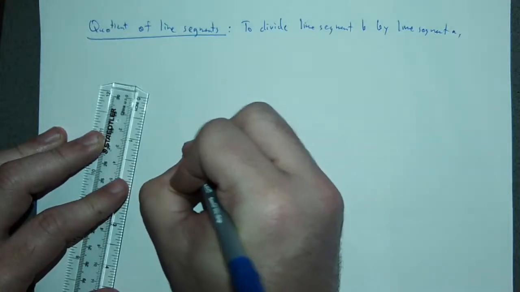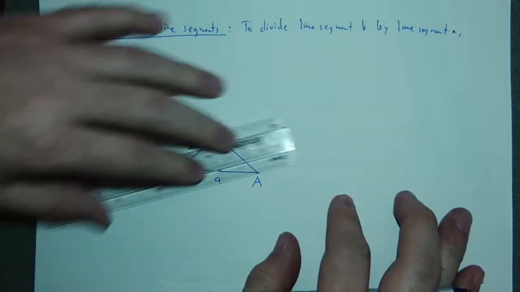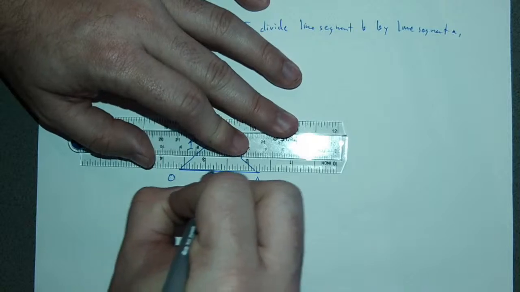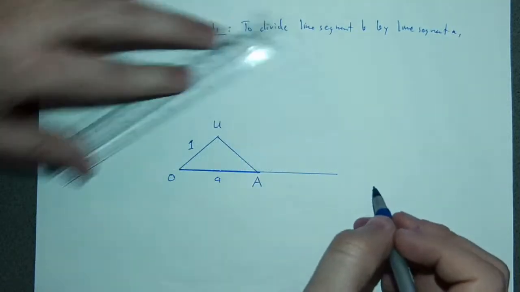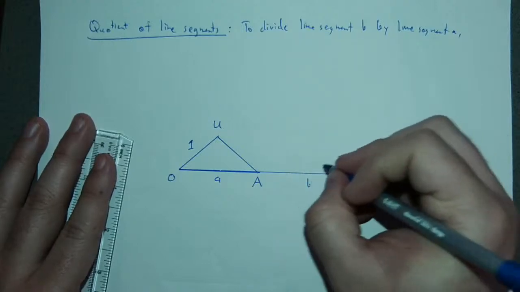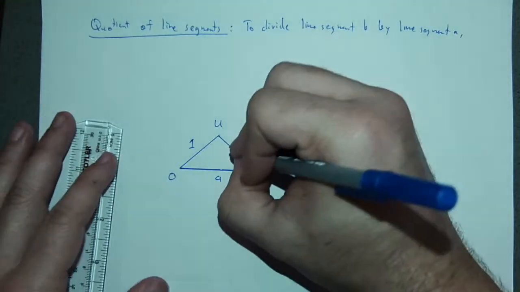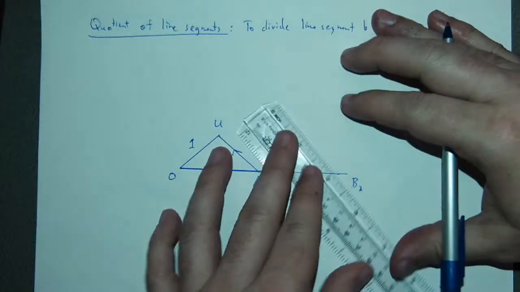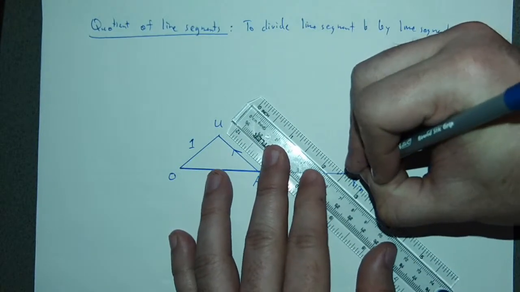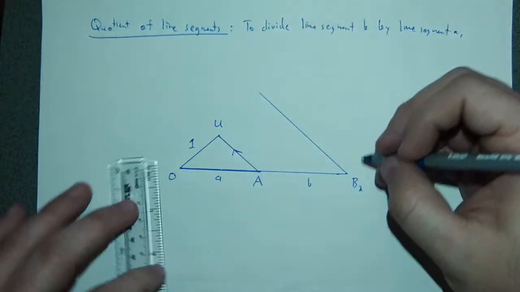Here's side 1. Here's side A. I extend my side OA until I have extended it to be exactly B units, so we'll call this B sub 2, whatever that is. And now I construct the parallel to UA in the same way.